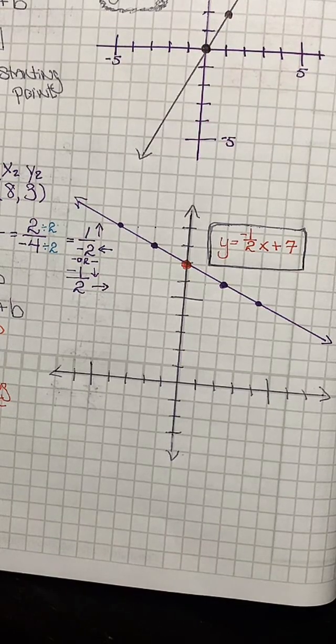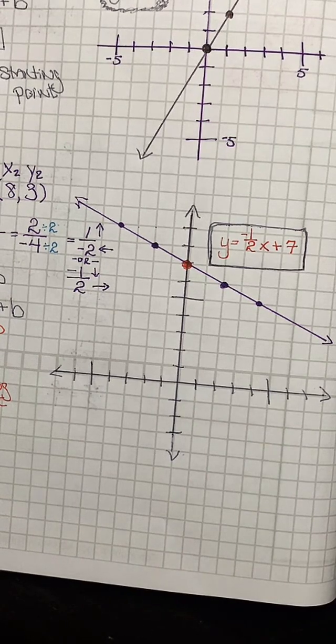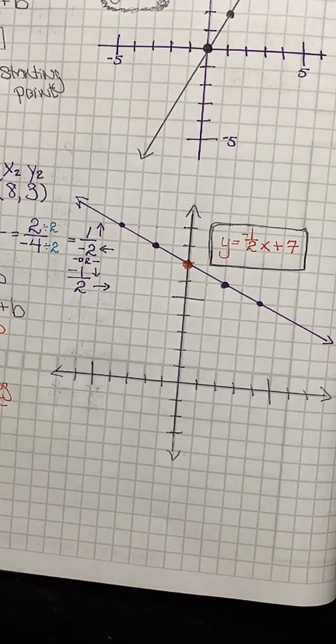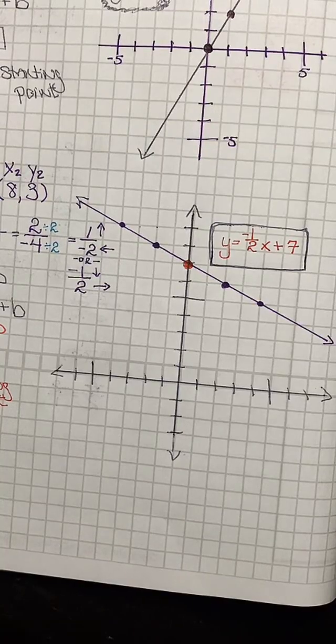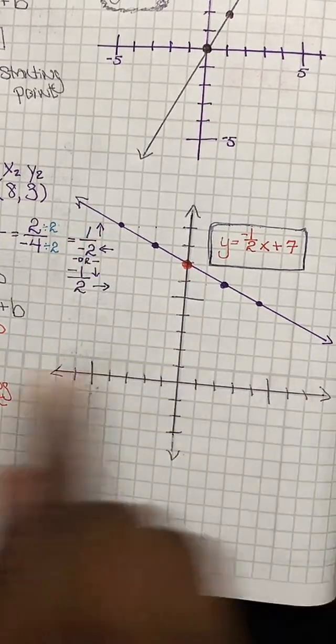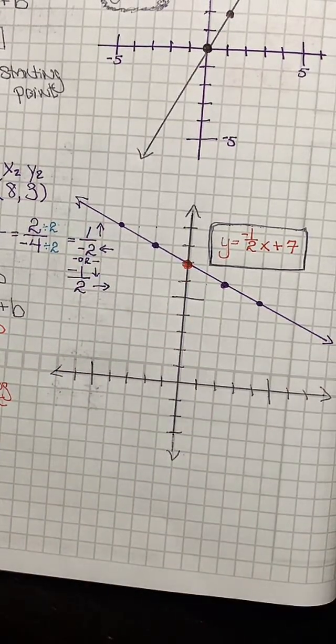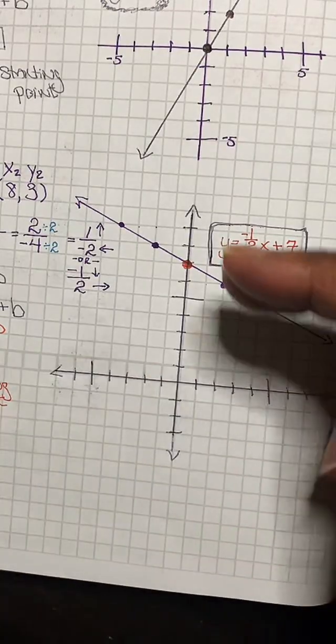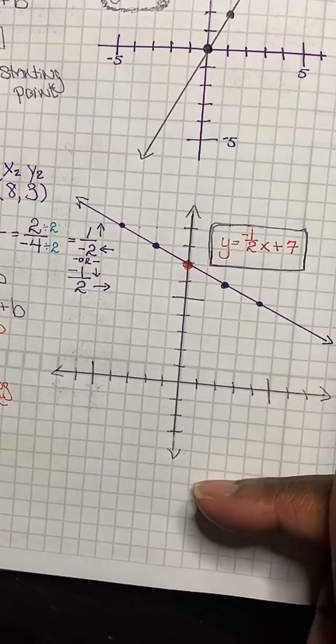Because here's the best thing. When you look at some of these exams, now the GED, the ACCUPLACER, the ASVAB, most of it's multiple choice, right? So they might show you a graph like this and they'll say, what's the equation of the line? And they'll give you 4 choices of equations.